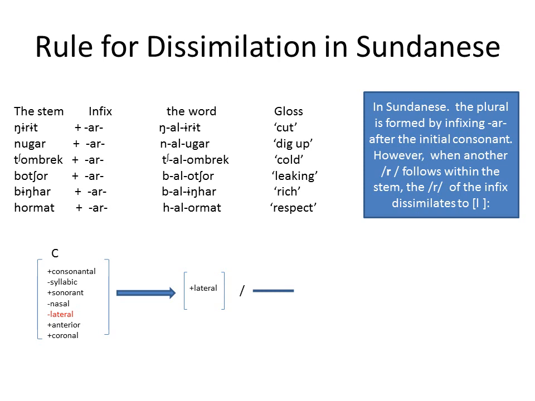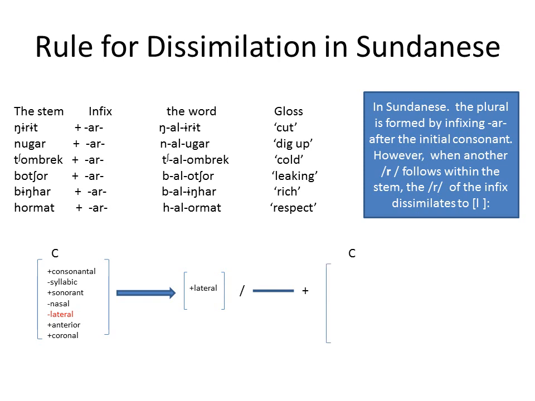This is the position of the sound that receives the change, the infix, plus, for morpheme boundary, followed by morpheme boundary, then followed by the consonant that causes the change, C.